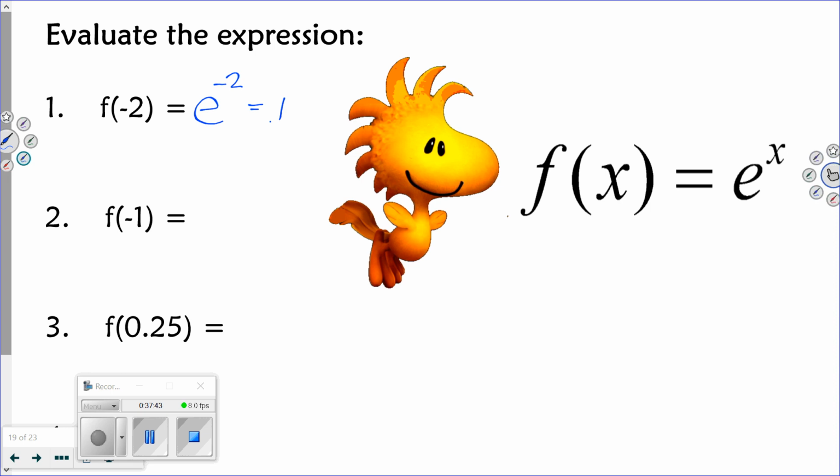So let's do the first 4. So 0.1353. All right, f of -1. So I want to know what is e to the -1. So we should get 0.3679 if I round it to the 4th digit. And then e to the 0.25.